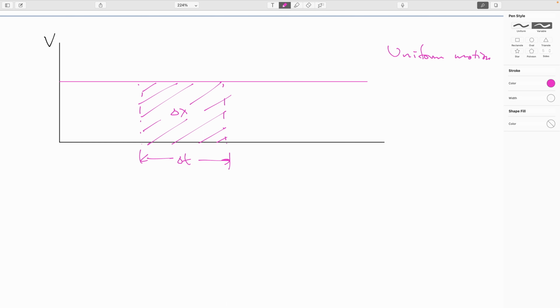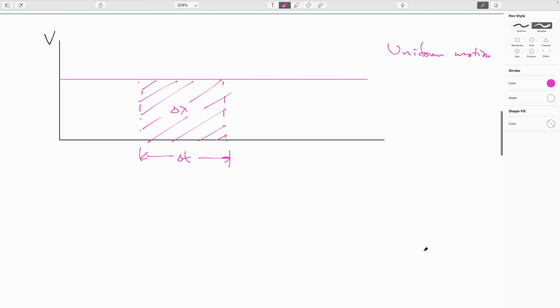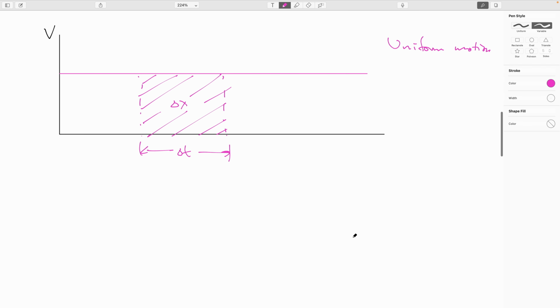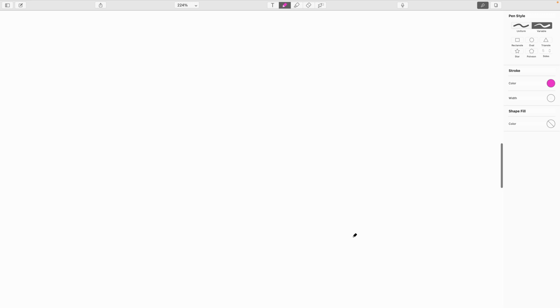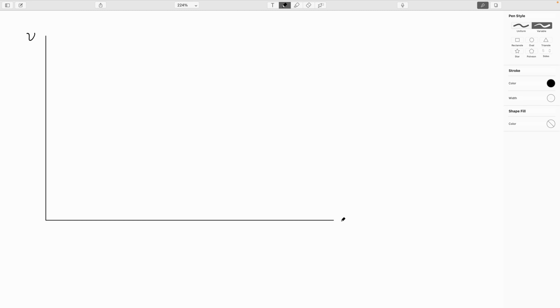All right, so now what if our velocity time graph isn't uniform? If we have non-uniform motion, if I'm making a plot of velocity versus time, it's going to vary in some way. And thankfully, we won't have to worry about things like jump discontinuities, because again, we're describing motions that actually happen in nature.